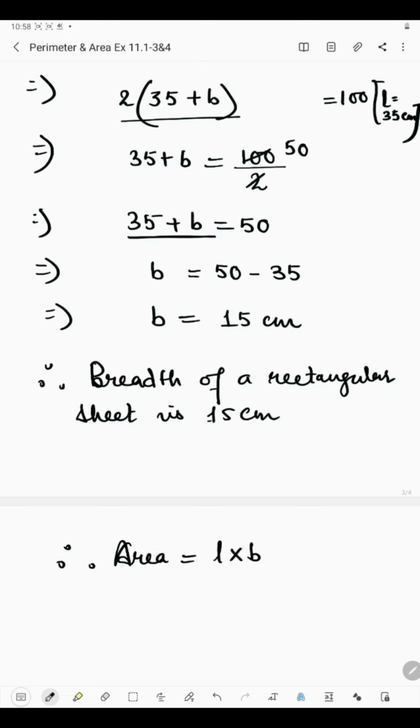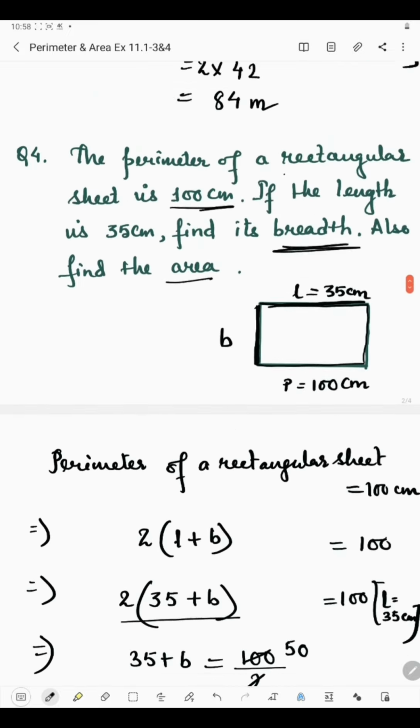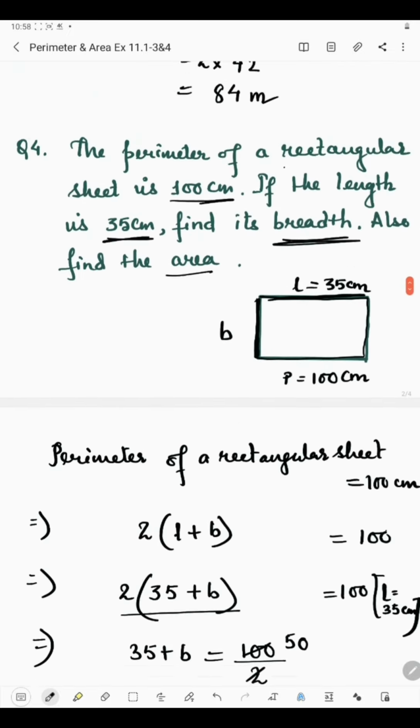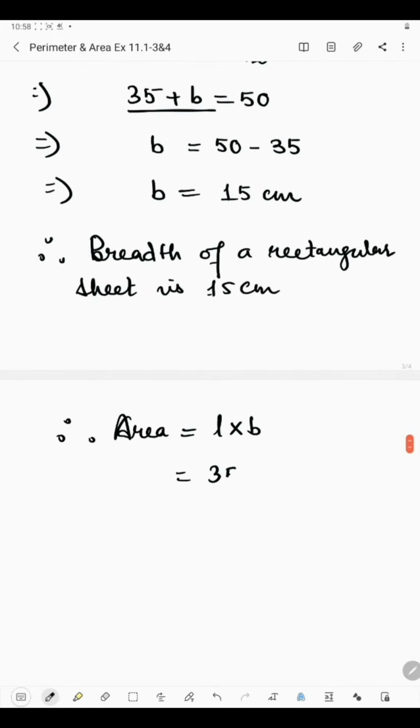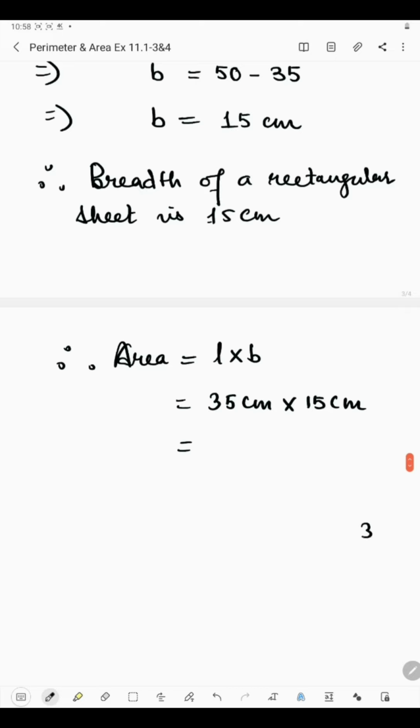Area of a rectangle is length into breadth. So length is 35 centimeter, right? And breadth is 15 centimeter.